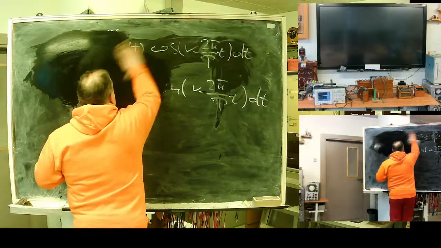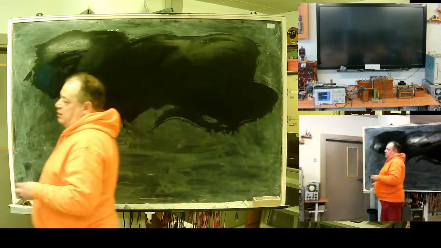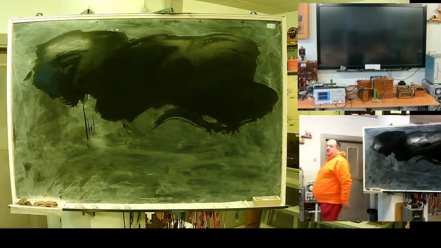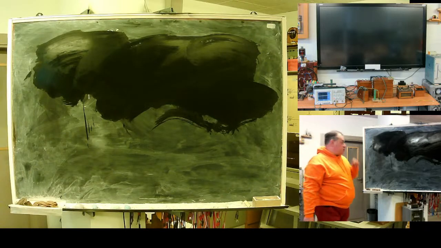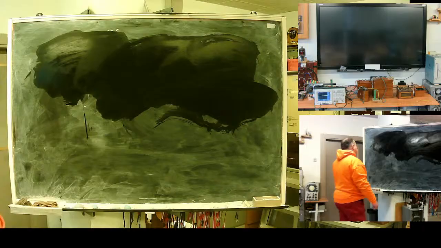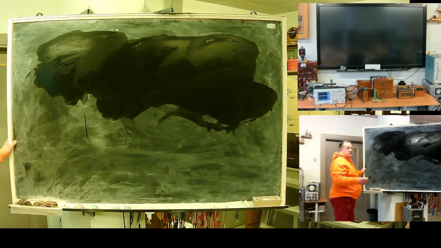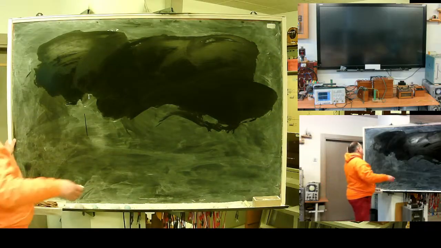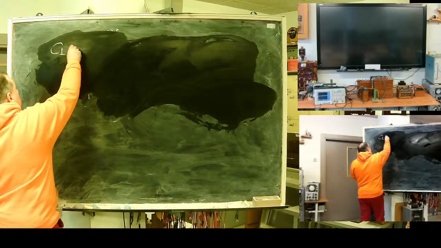Now, let's look at another case. I do not operate with a continuous signal, but I do my job with a signal in the form of a table. The signal is in discrete time. For simplicity, I will start from C1.